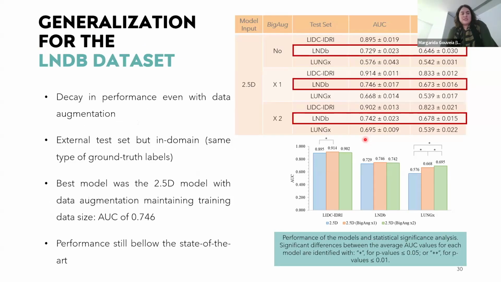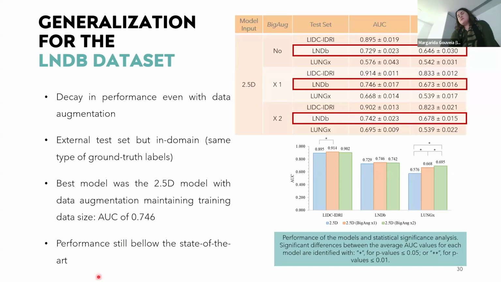So moving to the external data set, starting with the data set that has annotations similar to the training domain, we can see that data augmentation improved the results. The best results are for applying a higher level of data augmentation without doubling the training data.